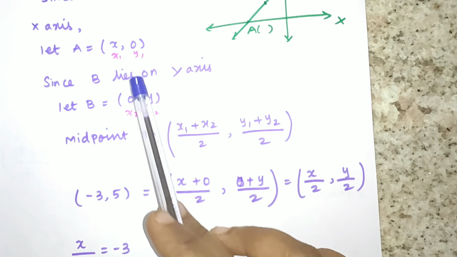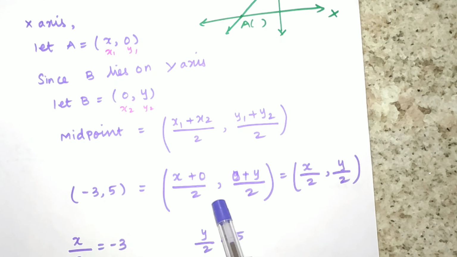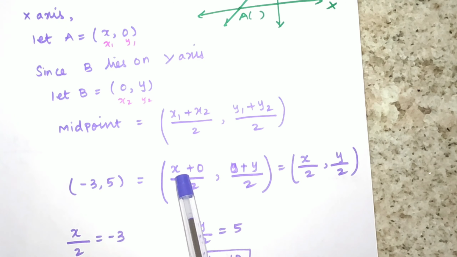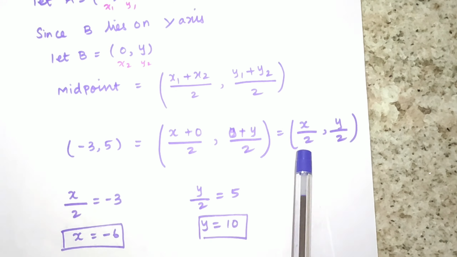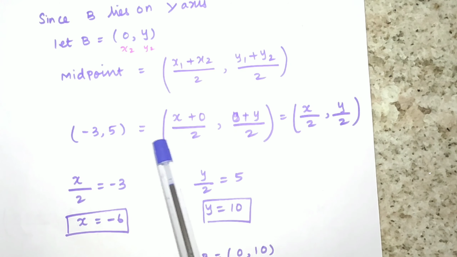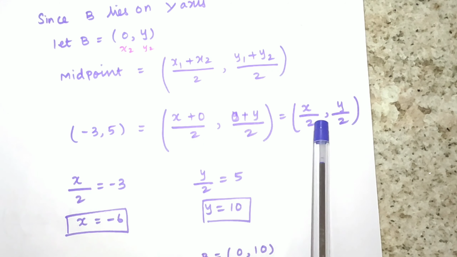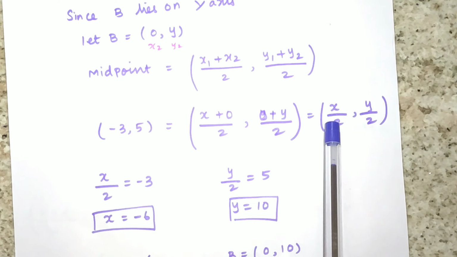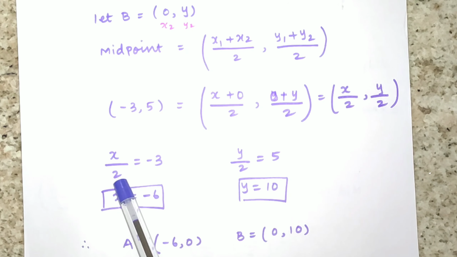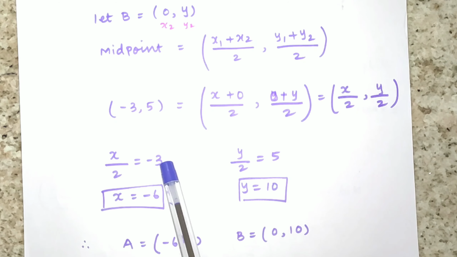So (x plus 0) by 2, comma (0 plus y) by 2. x plus 0 is x. So x by 2, comma y by 2. Since these 2 points are equal, we have to equate their coordinates. So x by 2 equals minus 3. Division goes to the other side as multiplication. So 2 into minus 3 is minus 6.